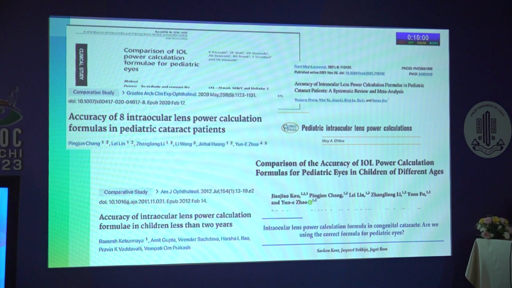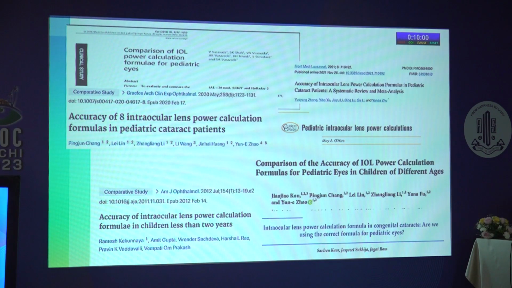Some comparison of accuracy of IOL power calculation. A lot of papers are there. For the IOL power formula, SRKT has been found to be universally accepted, for microphthalmic and large eyes also. But Hoffer Q is better in small eyes, but we do SRK2.